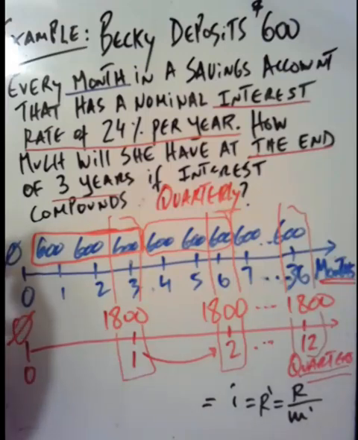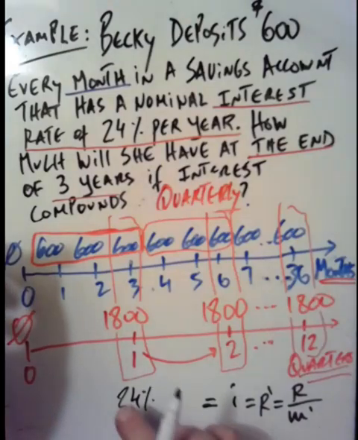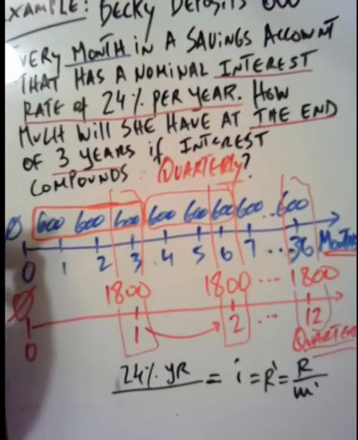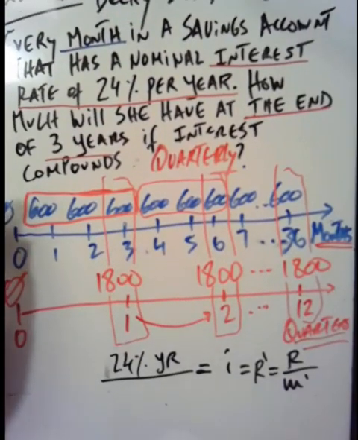So let's solve this backwards. So I is equal to the 24% per year, divided by how many quarters there are in a year. So there are 4 quarters in a year.